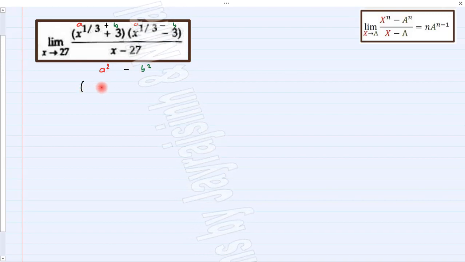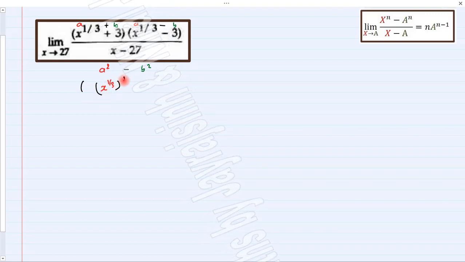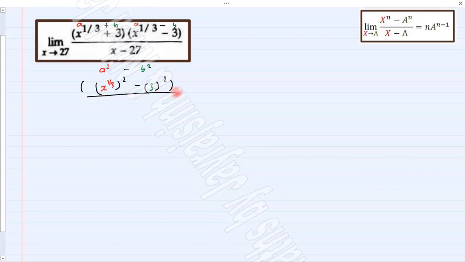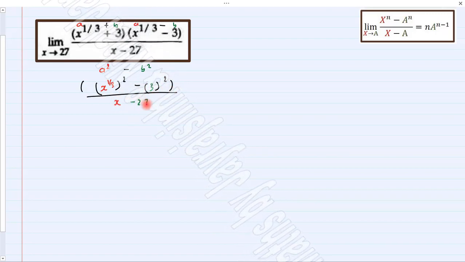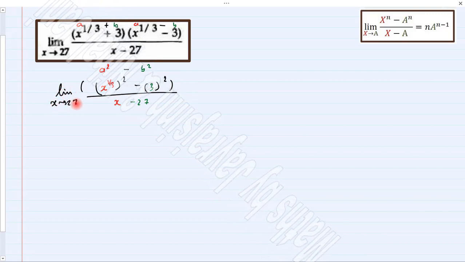So your numerator will be square of the x raised to 1 by 3 minus 3 raised to 2 upon we have x minus 27. Your limit is x tends to 27.